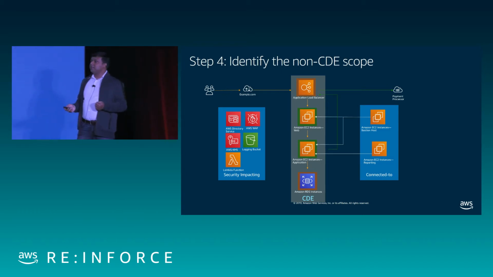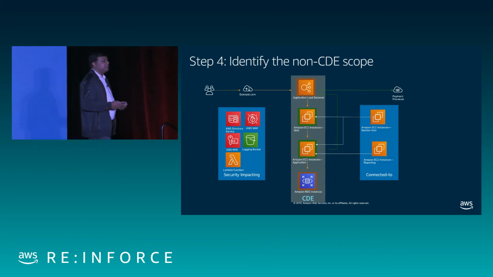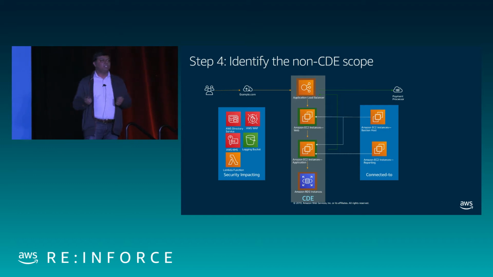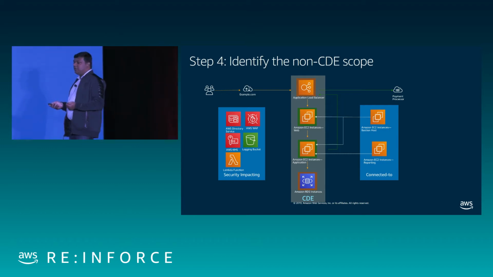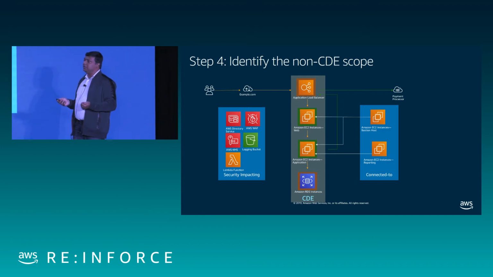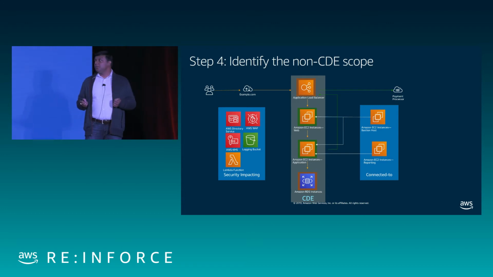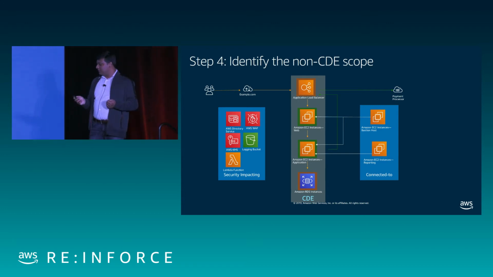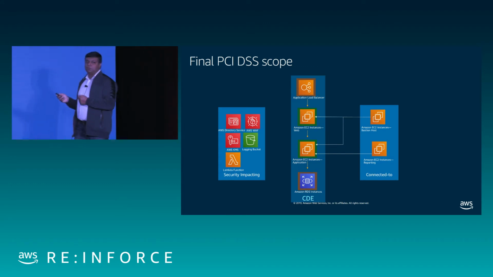The security impacting systems can be your AWS web application firewall that is used to provide protection to your web application. This can be like a logging bucket, which is storing the application or the infrastructure logs. So all this forms your ancillary services, and when combined together, this is your final DSS scope. So this is where you know what you need to protect.